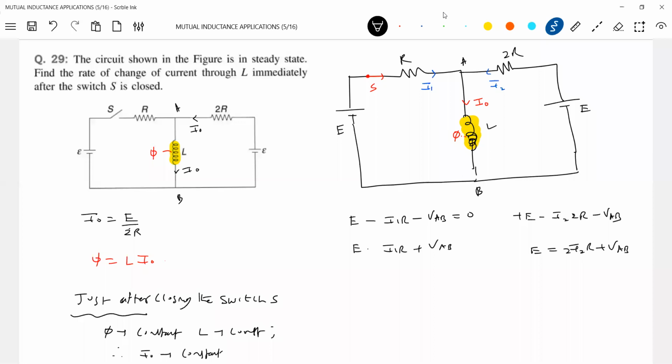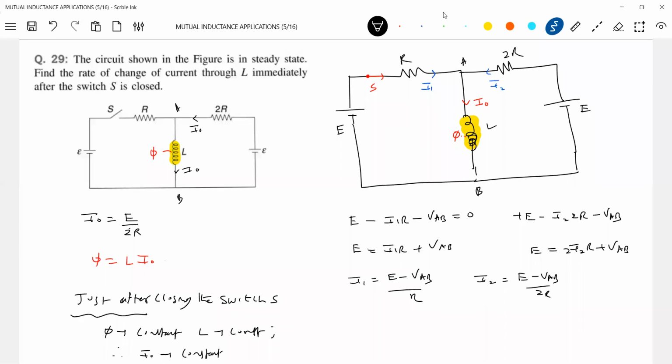Let me add up these two, or solve for I1 and I2.